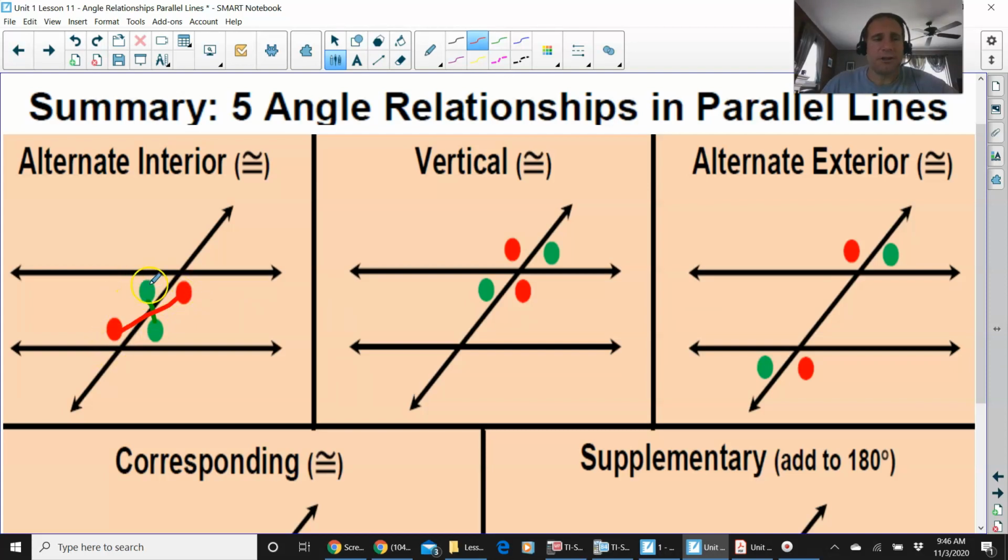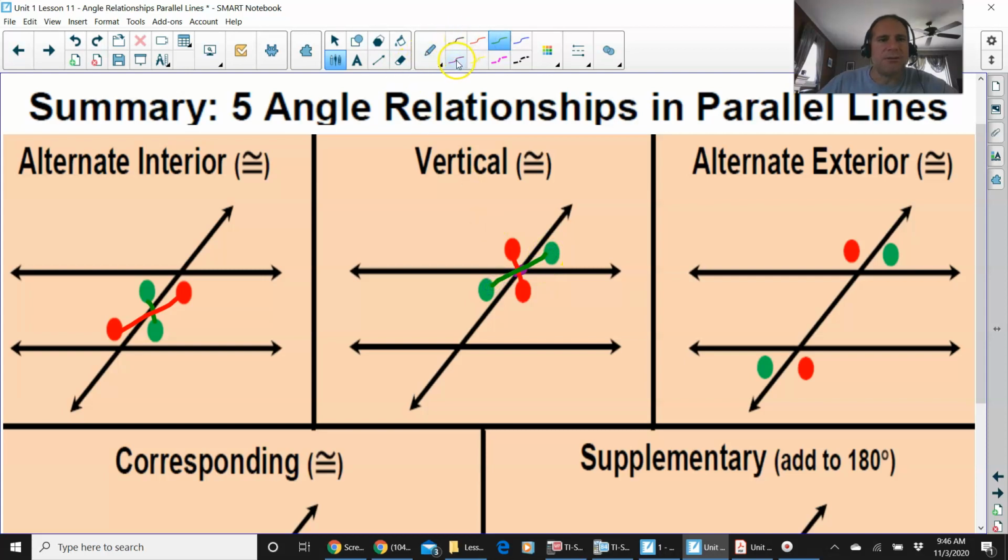They are congruent. Acute and acute, they are congruent. Vertical meets at the vertex. So put a little point right here in a different color like that. Vertical angles meet at that vertex, and they're across from each other, meet and across.